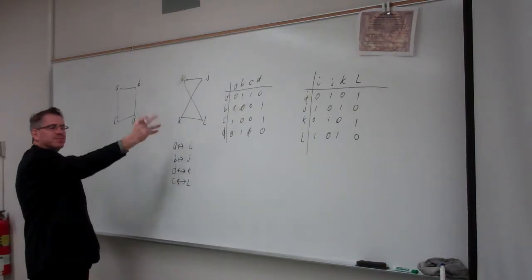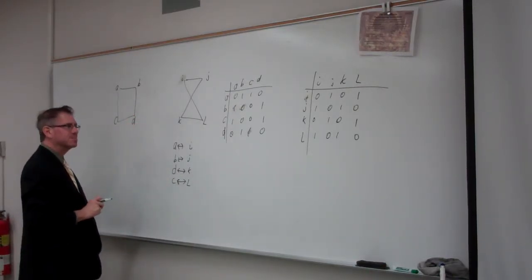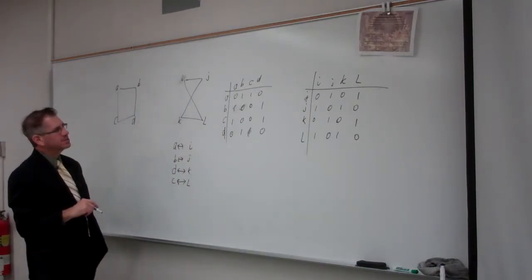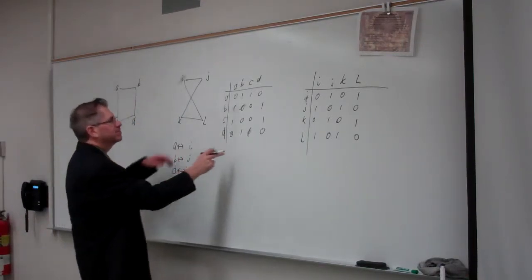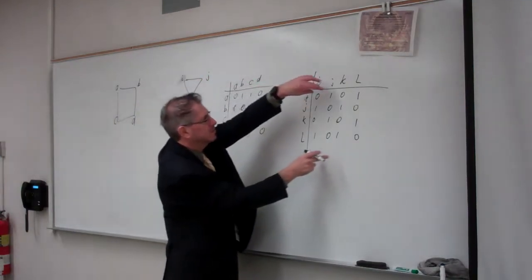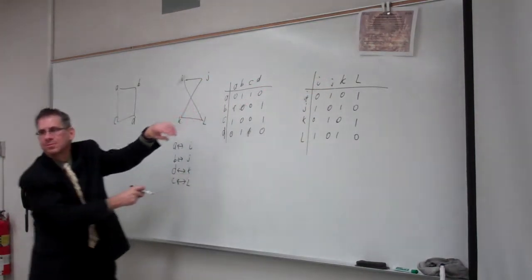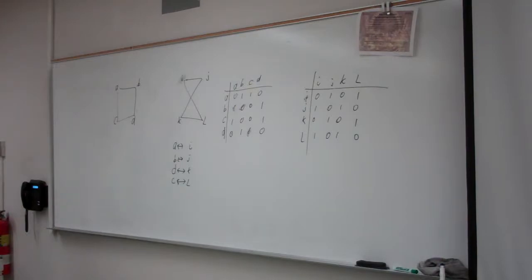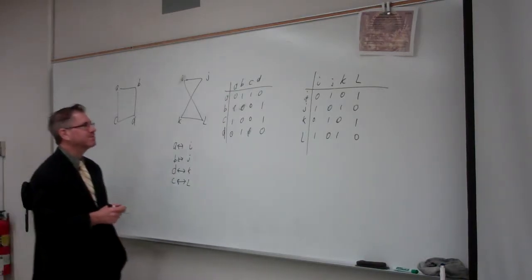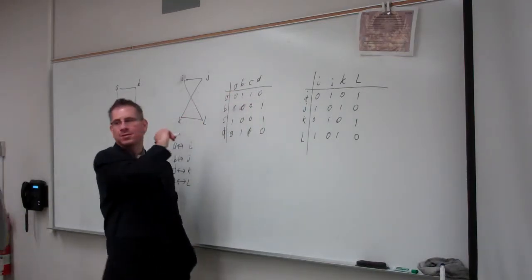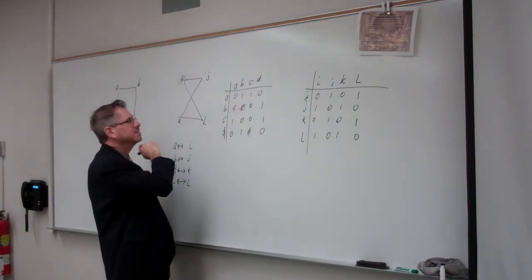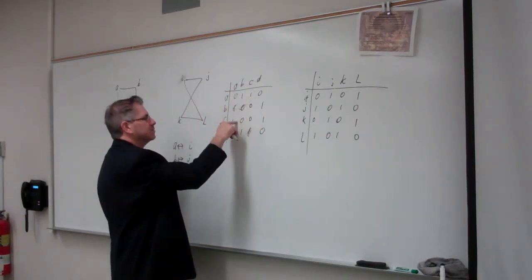So asking if there's a bijection between vertices that preserves adjacency is equivalent to saying, can we arrange the rows and columns of this to end up with this? That's not easy to do, but if you can do it, then you can say they're isomorphic. The other thing you can do is figure out things like degrees of vertices, and we can see we have degree 2, 2, 2, 2.